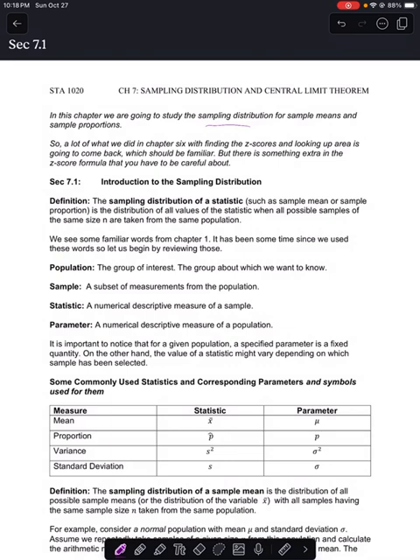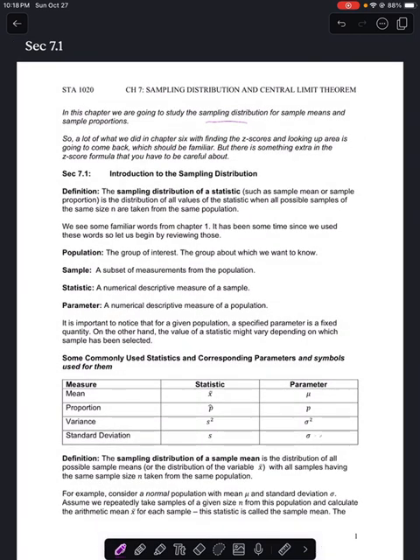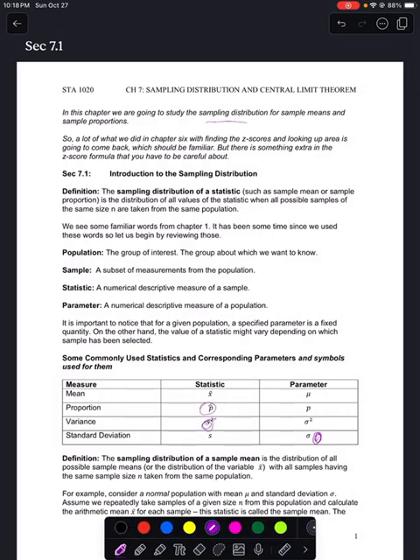For population proportion, we use the letter p, little p, and for the sample proportion we use p hat. If you notice, there is a hat on top of it, that's p hat. The population variance is sigma squared, and the sample variance is s squared, and standard deviation is similarly sigma and s.